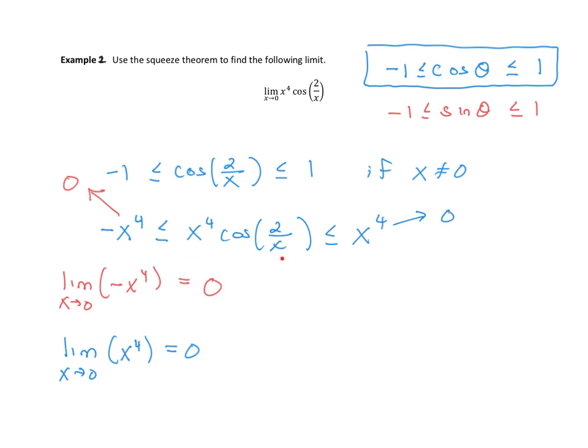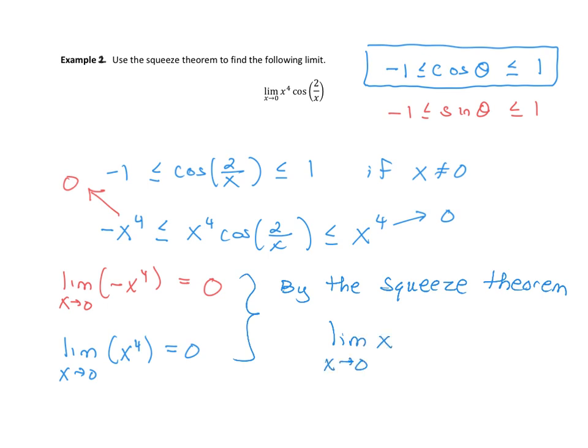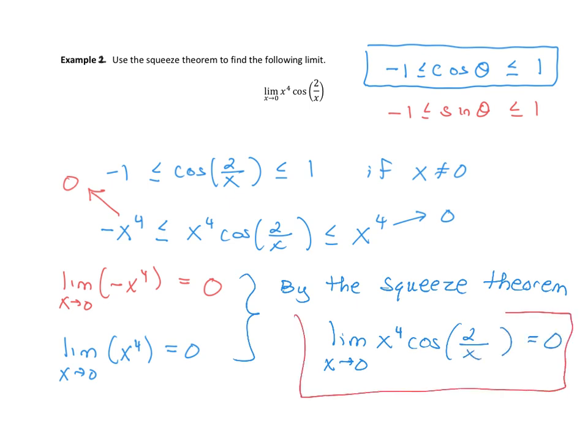By the squeeze theorem, we can now say, since this function is less than this function is less than this function, and these two limits are equal, we can apply these pieces together and say, by the squeeze theorem, the limit as x approaches 0 of x to the fourth times cosine of 2 over x is equal to 0 as well. And here, because we're talking about a limit approaching 0, we don't have to worry about what happens at exactly 0, but we do know that this limit does exist.